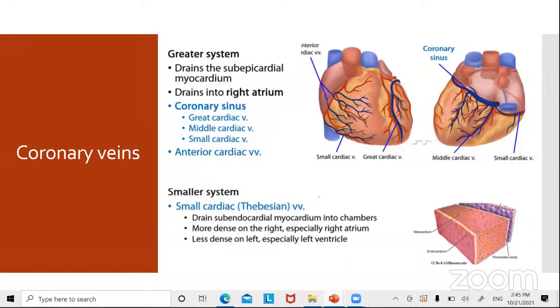In the great system, the majority of coronary veins drain to the coronary sinus into the right atrium, which drains the subepicardial myocardium. There are the great cardiac vein, the middle cardiac vein, and the small cardiac vein. Also, there are several anterior cardiac veins that drain directly into the right atrium, thereby bypassing the coronary sinus.